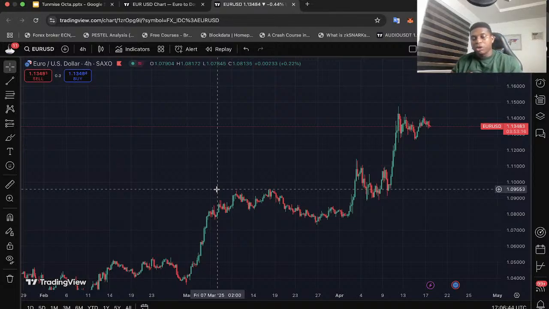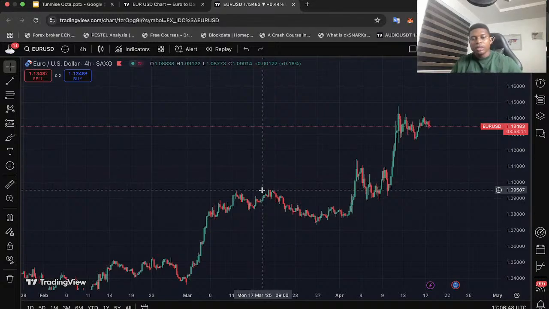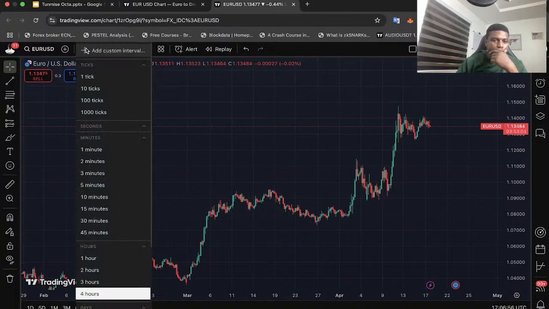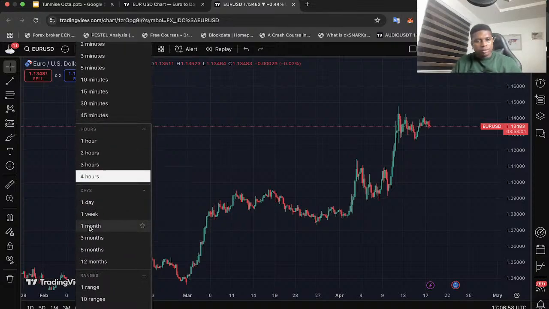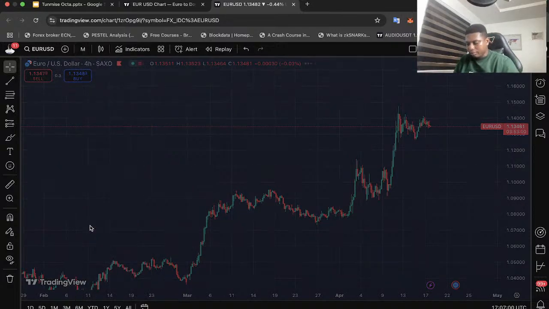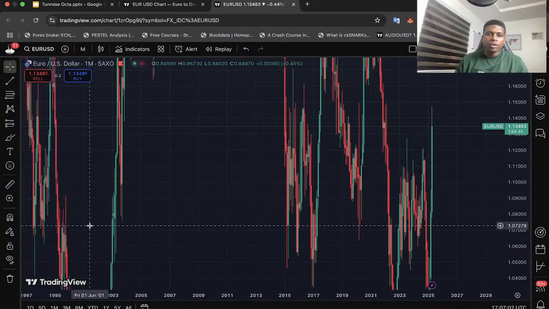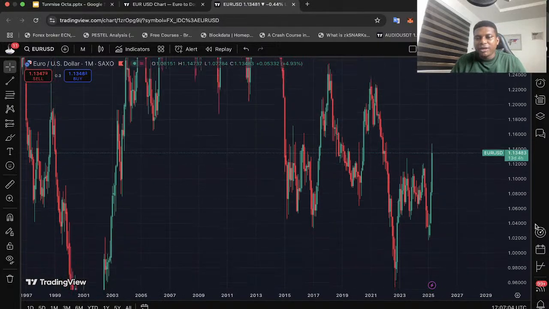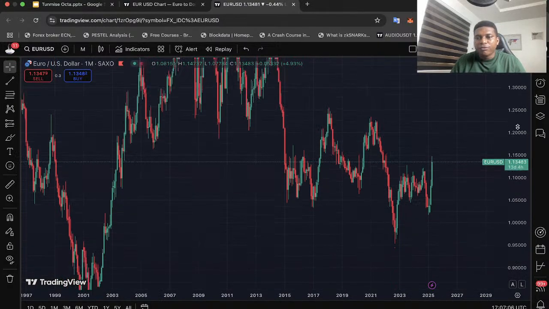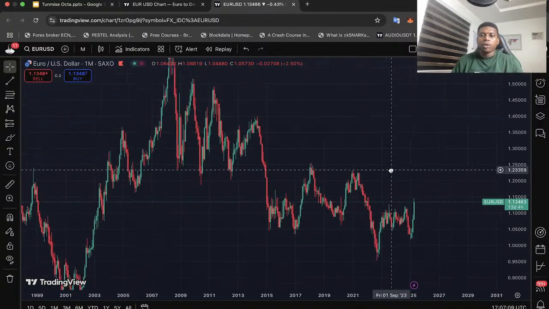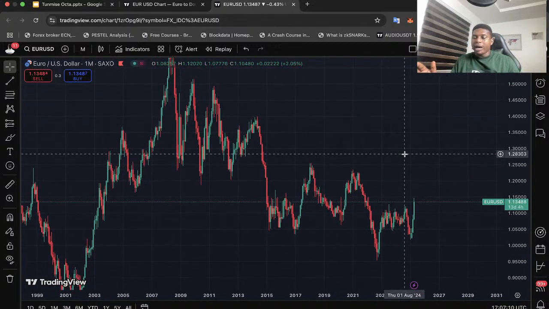Because the previous historical price can be used to predict the future. So let's go to the 1 month time frame. So here is the 1 month time frame of Euro USD, which is the currency pair we are working with.